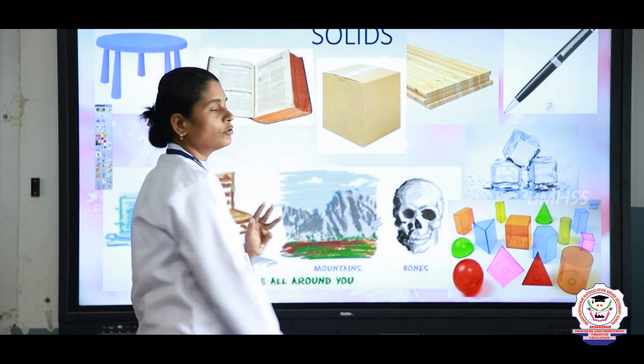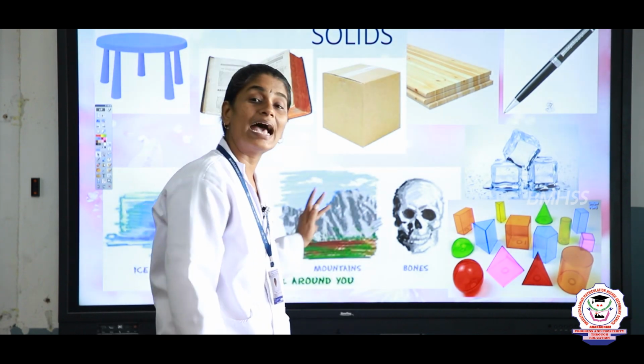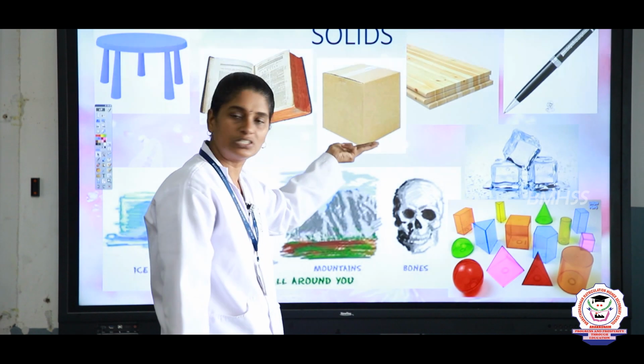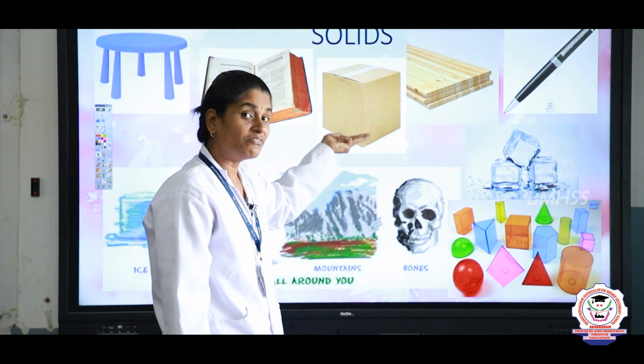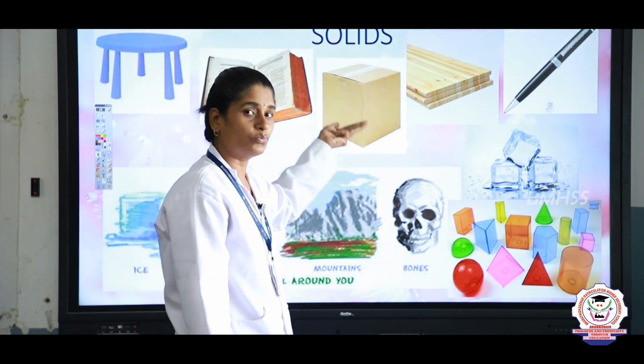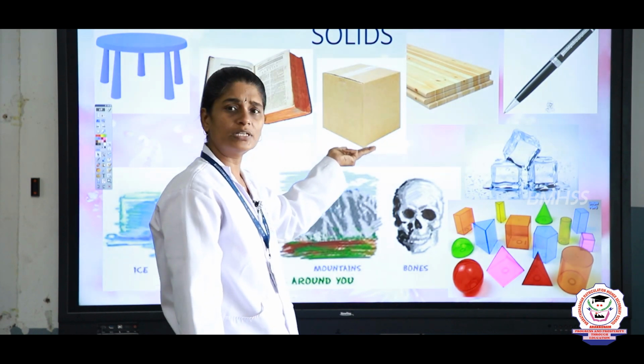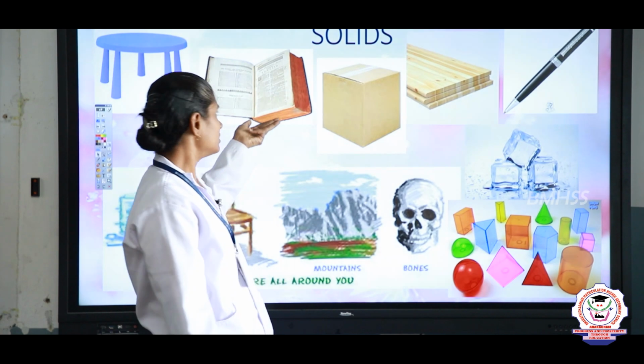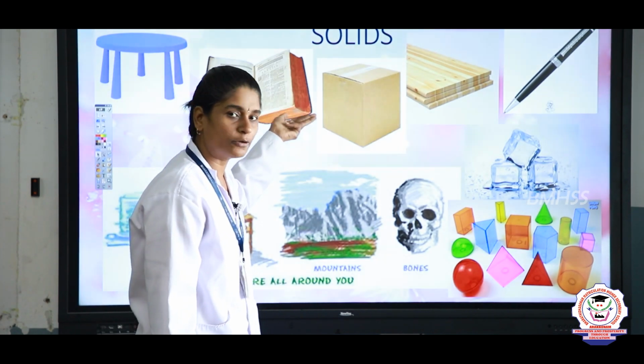Then when we talk about solids in size, they have a definite size. We can measure the weight of this box, right? When we weigh this box, we can say exactly how many kg it has. When we measure this book, we can say the weight of this book.